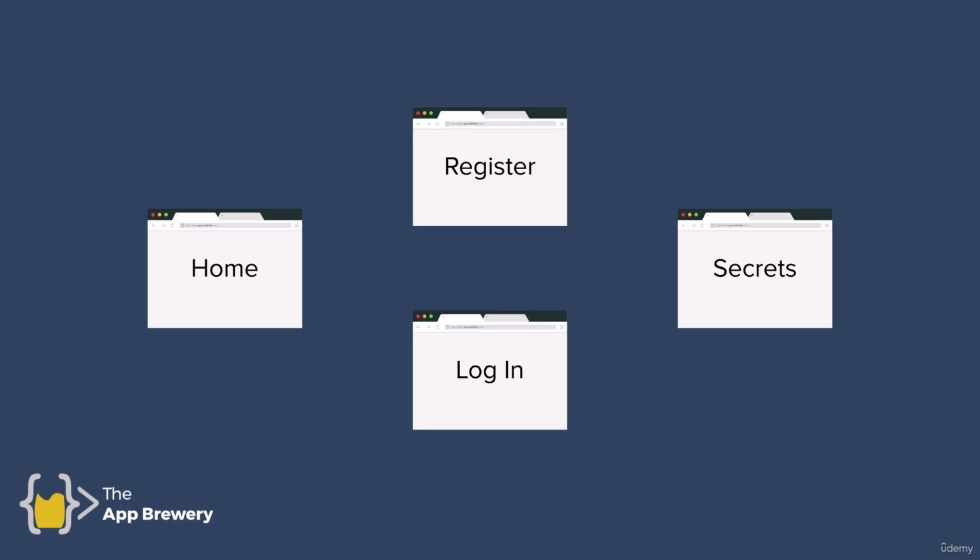The structure of our website is really, really simple. It has a home page, which has two buttons that allow you to either go towards register or go towards login. Once the user has been registered or logged in and they have been authenticated, then they are able to access the secrets page.